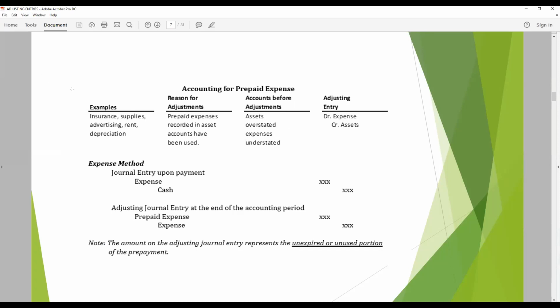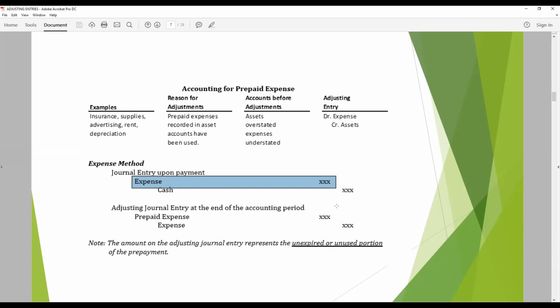You also have expense method. So you have to check again when you are solving a problem if the company used asset method or expense method in recording the initial transaction. Under expense method, you debited initially the expense account. So immediately, you debited the expense account.